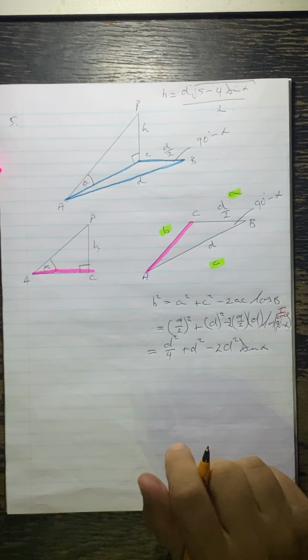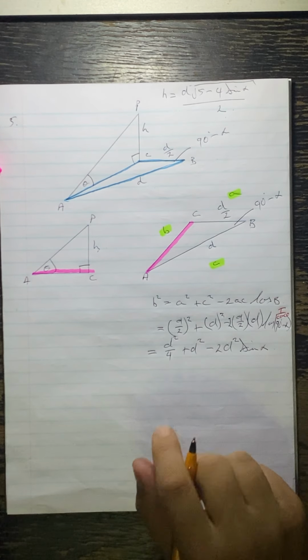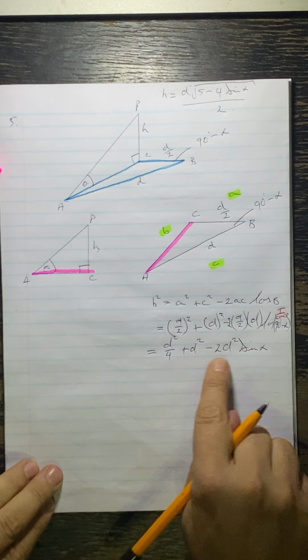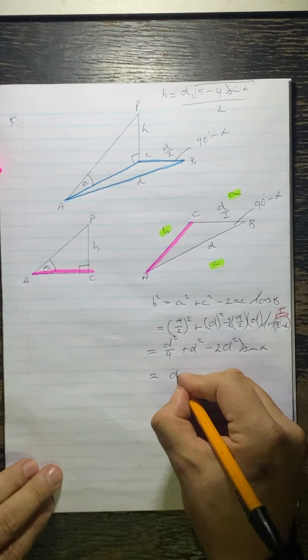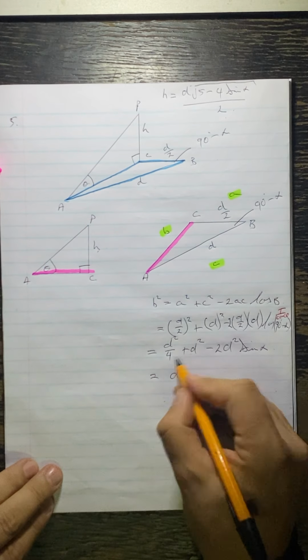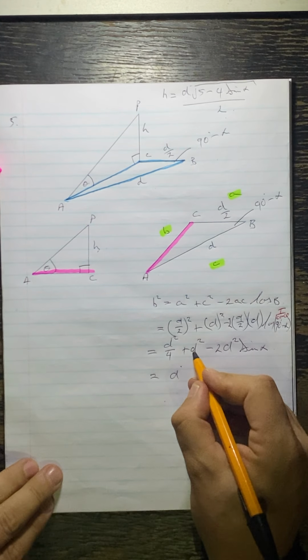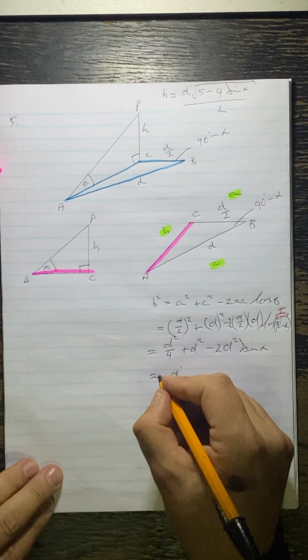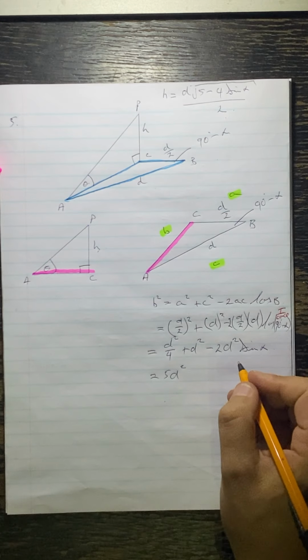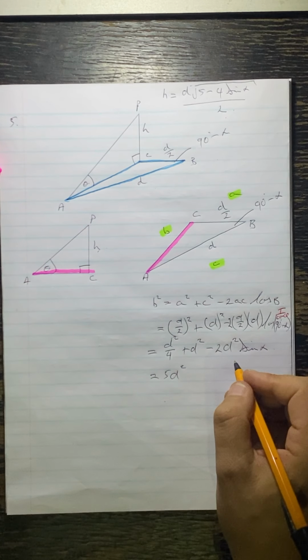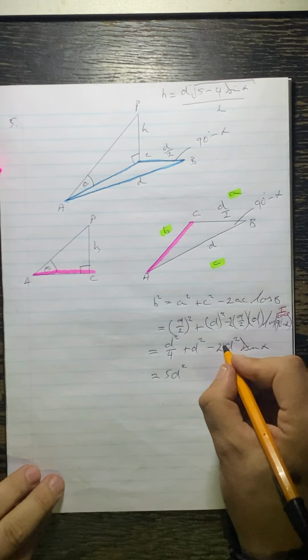Okay, what I'm going to do next is get an LCD and add all of these things together. So my LCD is going to be 4. So this would be D squared, but that would be multiplied by 4, so we get 5D squared. And then just multiply, this 2 is not there.